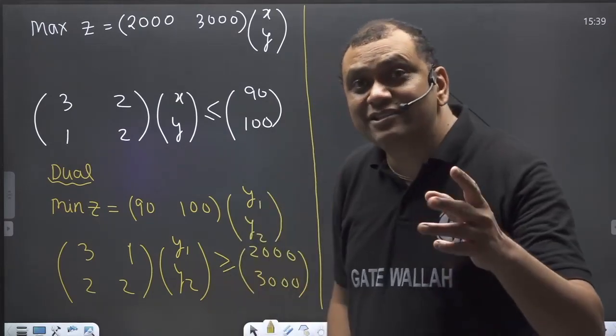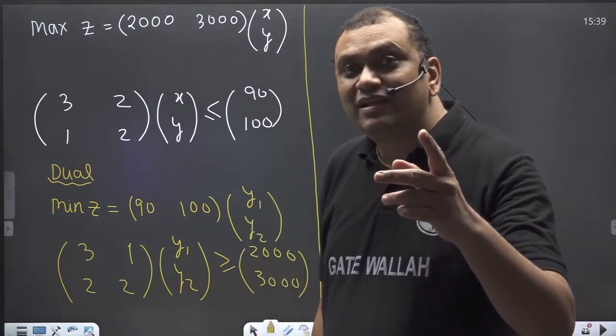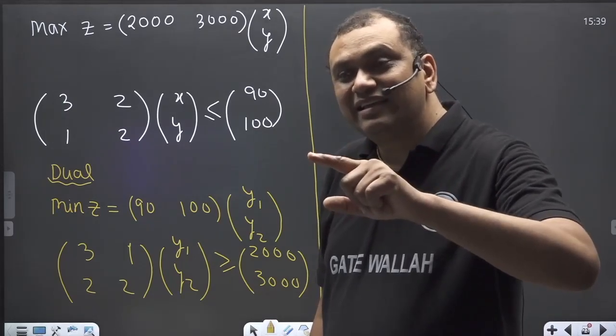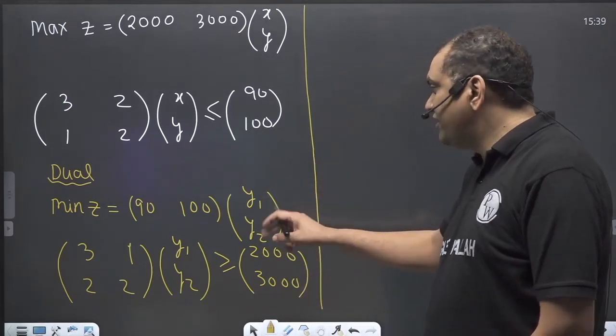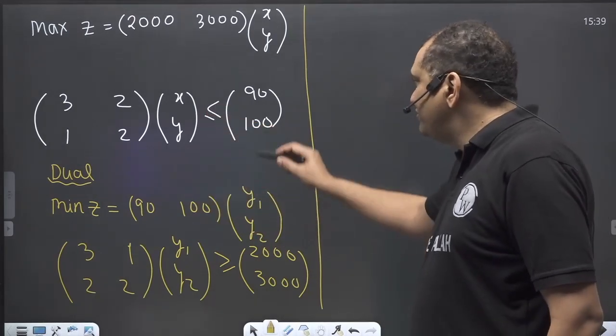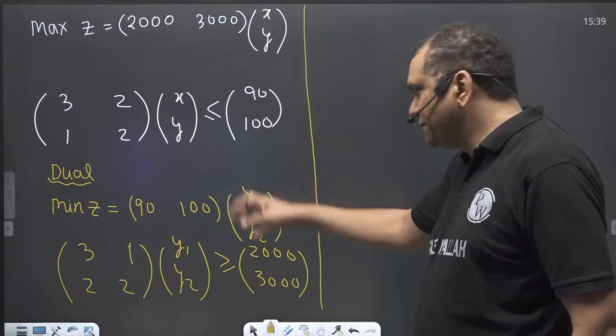The values of x, y that the primal gives will be different from y1, y2. The objective function value will be the same in the dual, but y1, y2 and x, y are different.